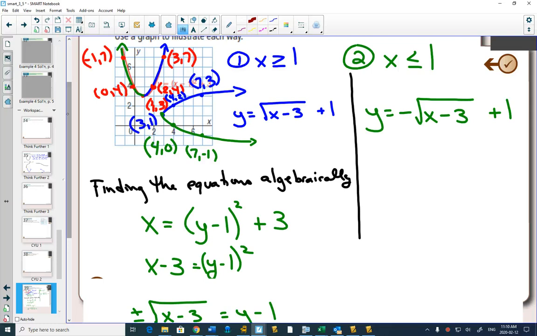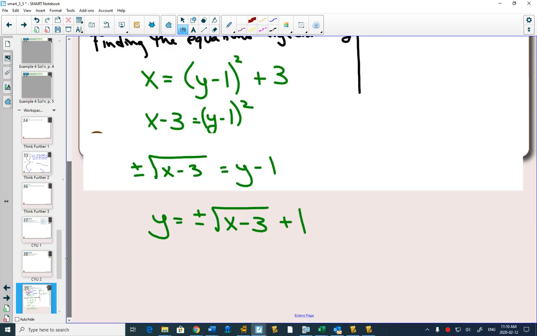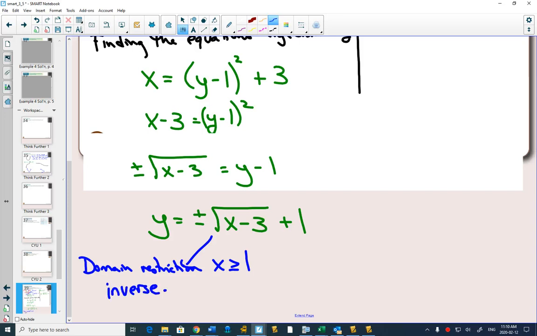If we wanted to do it algebraically, okay, how do we figure that out? Well, for the blue one, the domain restriction on the original function was x was bigger than or equal to 1. That means that on the inverse, when you switch x and y, the y has to be bigger than or equal to 1.